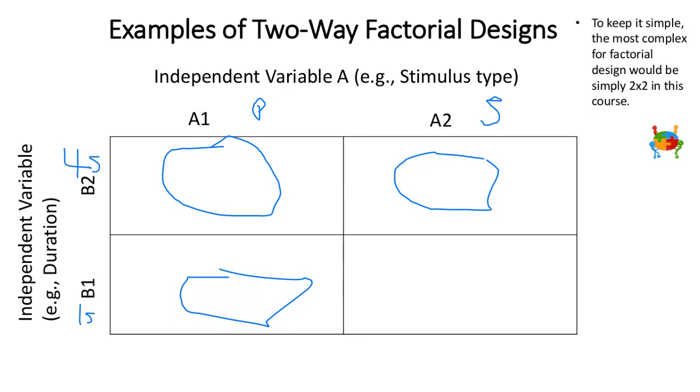And so you would have the mean for people who were presented with pictures for 4 seconds each. What was their proportion correct? So let's say it was 0.8. And for those who got sounds at 4 seconds each, they got 0.7.